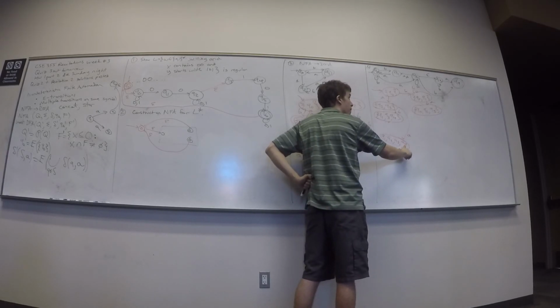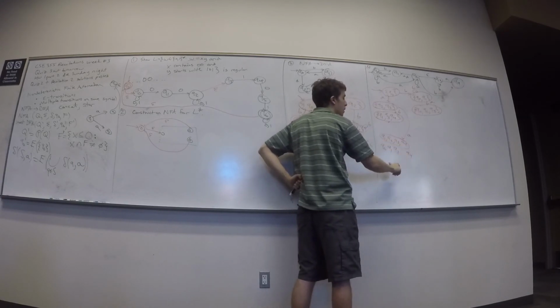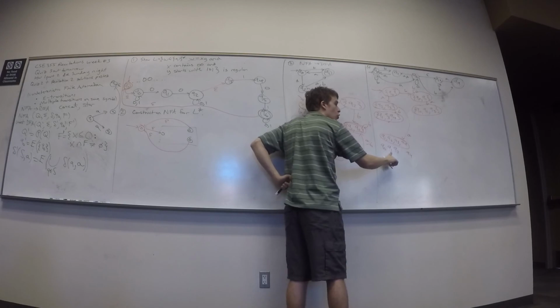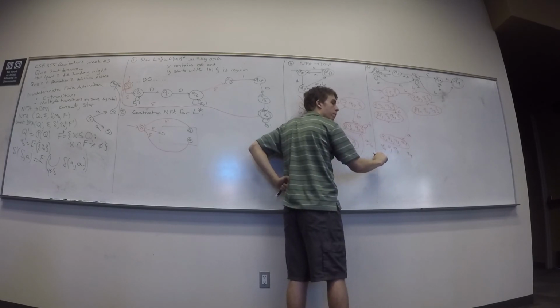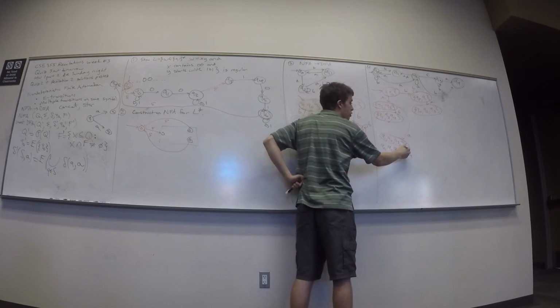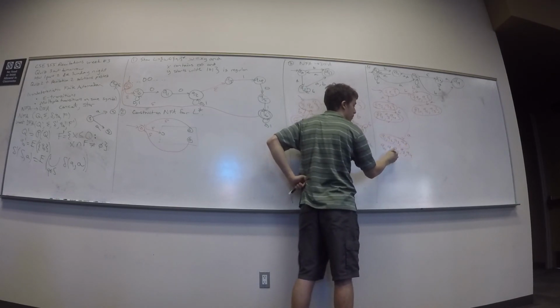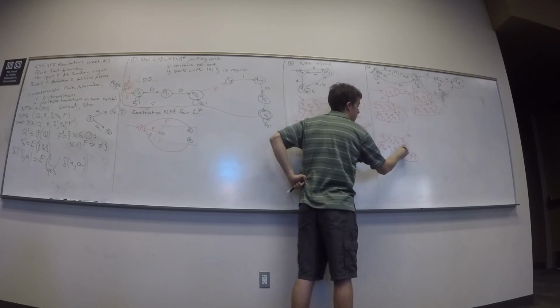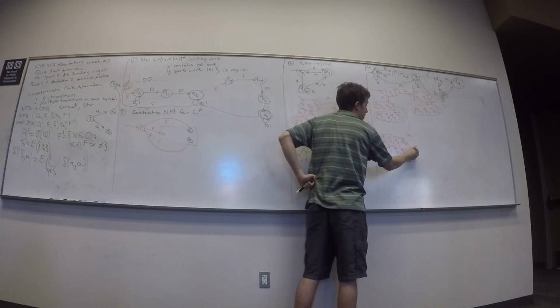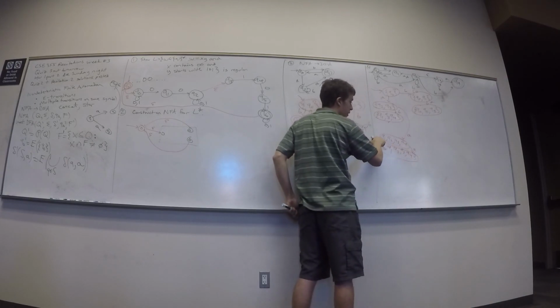Q4 on A? I don't think anywhere. What's the epsilon closure of 0, 1, 2, 4? 0, yeah, all of them. 0, 1, 2, 3, 4. Good. So we'll make all of those. And then let's do the last one.